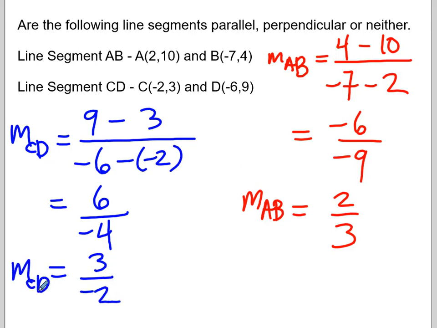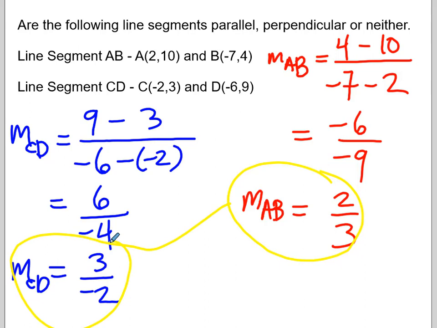Okay, now if I compare these two here, they're definitely not parallel, because they're not the same. They do have the same numbers. They're flipped. One's positive, one's negative. Therefore, AB is perpendicular to CD.